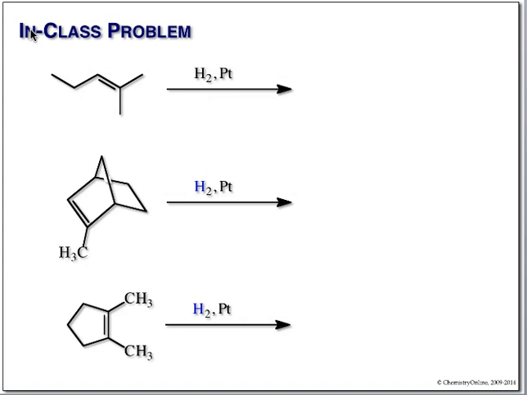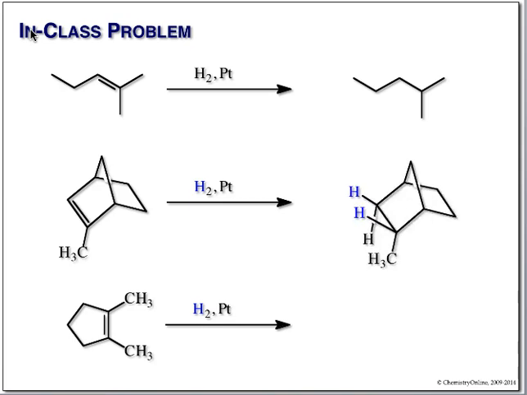Here, it doesn't matter, because it's all single bonds, so you just draw the alkane. Now it matters. Once again, we have to somehow draw the bicyclic thing. But we know that both hydrogens, our little blue guys, are going to go on the same side, and our double bond is going to become a single bond. Once again, I put them on the top because this is less crowded than the bottom.